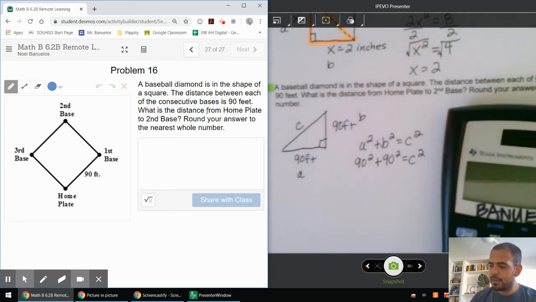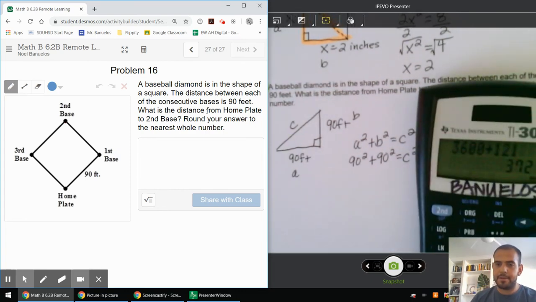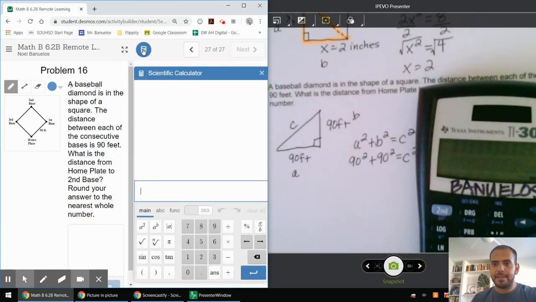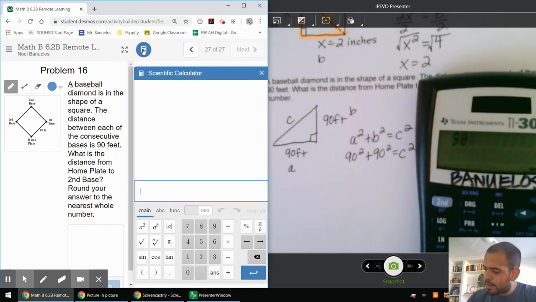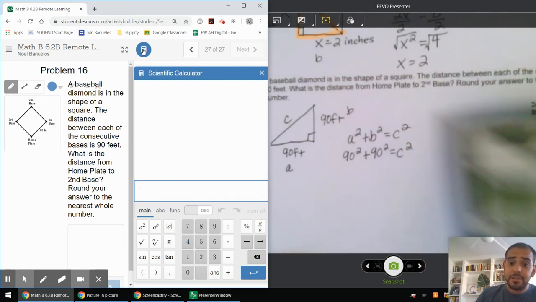You can use your handheld calculator, or you can use the calculator that I supplied on Desmos. That's up to you. 90 squared is 8,100.